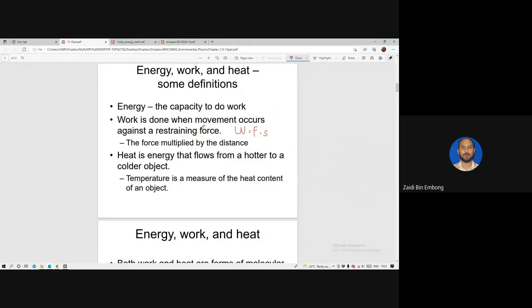For example, if you walk from your accommodation to campus, it means there is a change of location. When you walk, you are doing work. When you run or jog, you are doing work too.